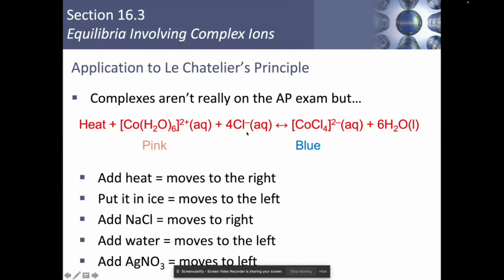And by doing that, it's going to end up making more of this pink stuff. Why? Because I'm removing Cl. By adding this ion, which forms something insoluble, I'm basically extracting Cl from this equilibrium. And that's going to make it move towards the left to try to replace it and make more Cl.